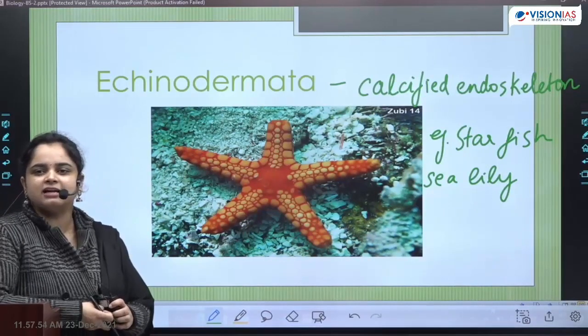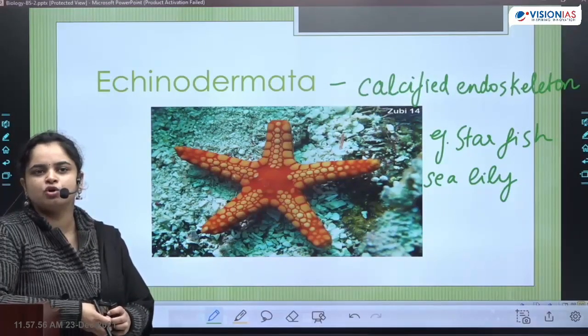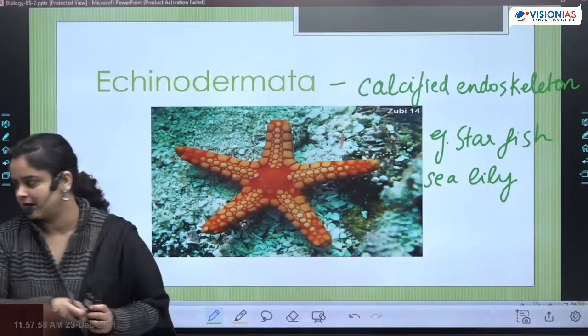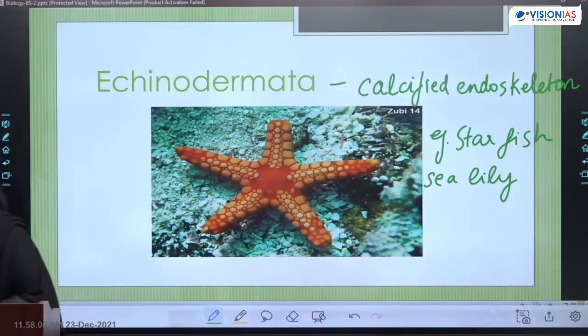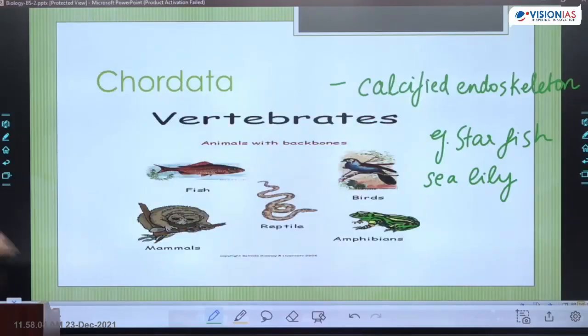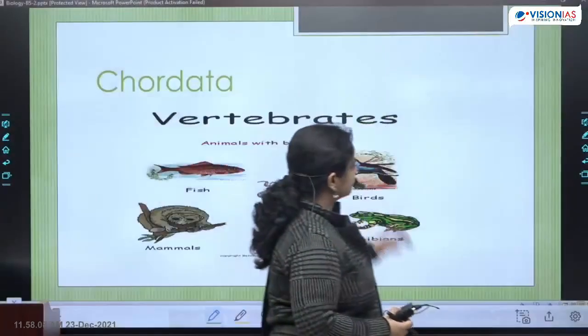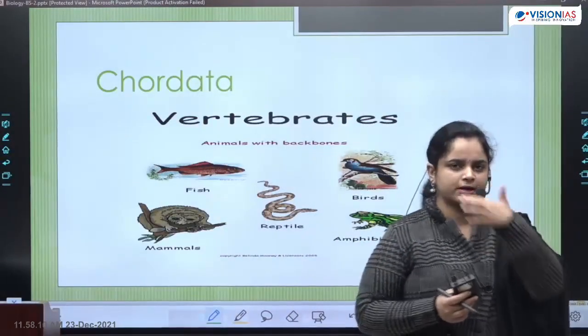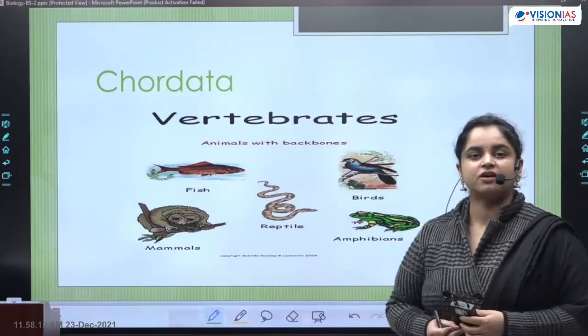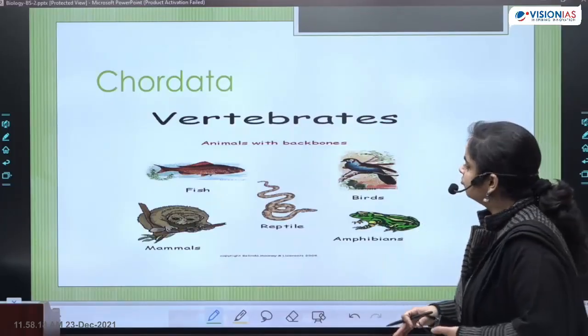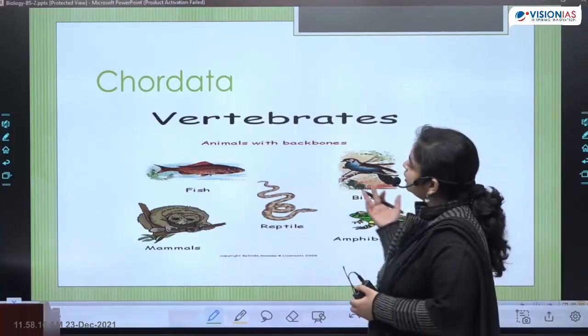The next category is of the chordates. Our category, the group which we belong to, chordata. So in chordata, there are different simpler organisms, different type of early fishes, but we are not going into that.